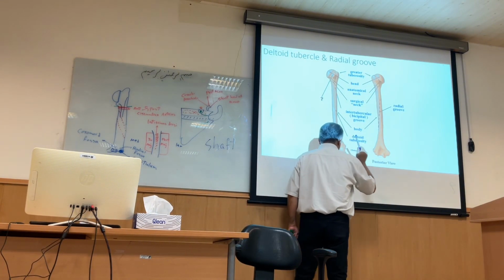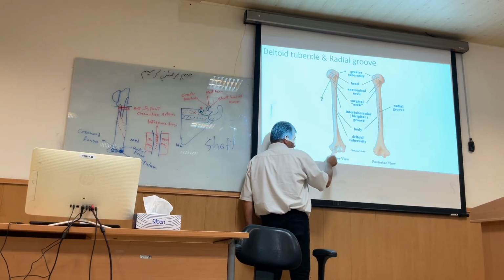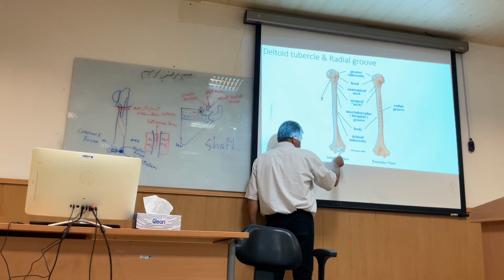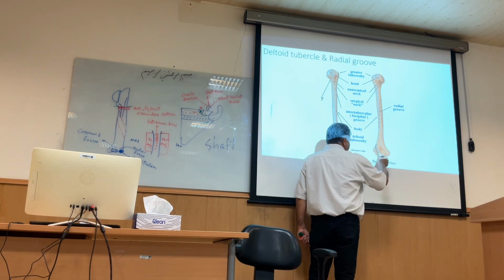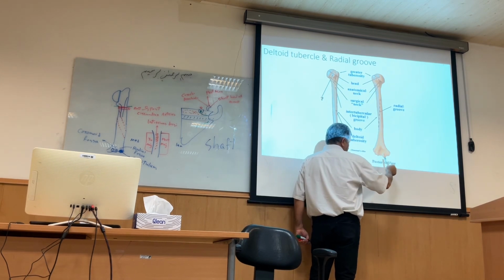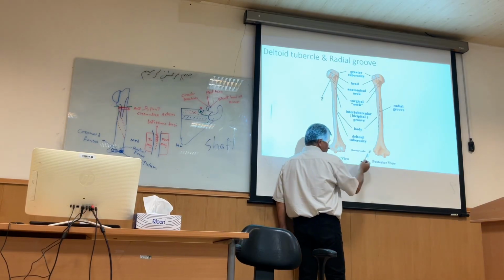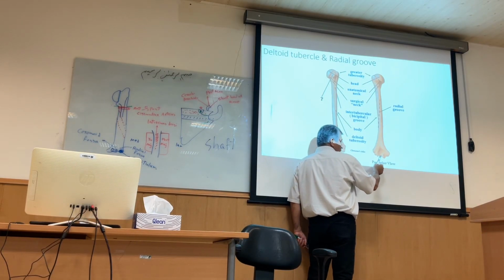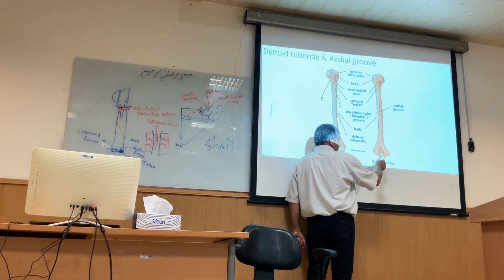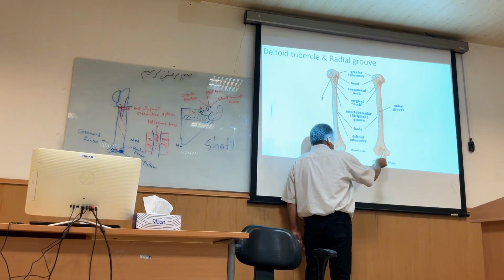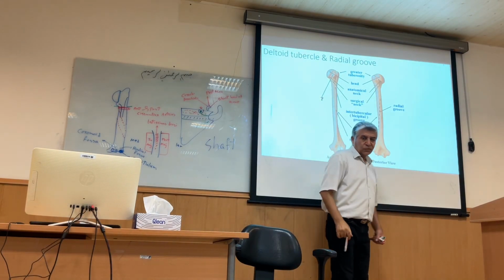Posterior surface: above trochlea, you can see this depression, coronoid fossa. Above capitulum, you can see this depression, radial fossa. Posteriorly, you cannot see capitulum, but you can see trochlea. Above trochlea, posteriorly, you can see a deep fossa called olecranon fossa.